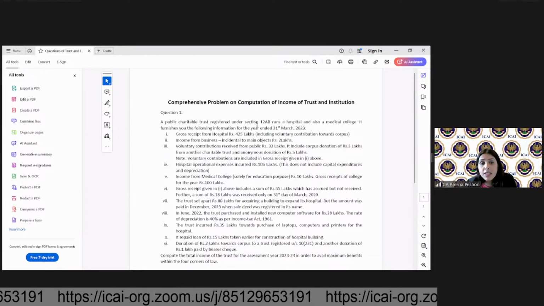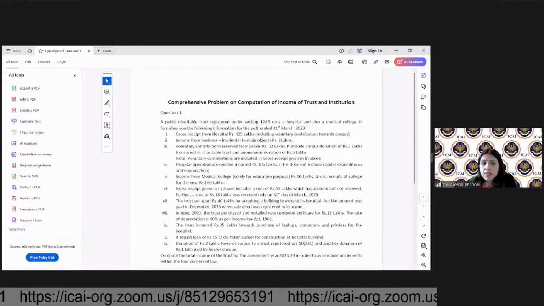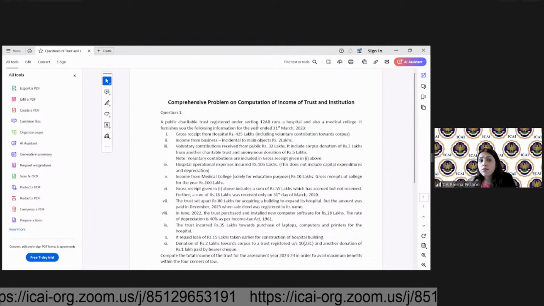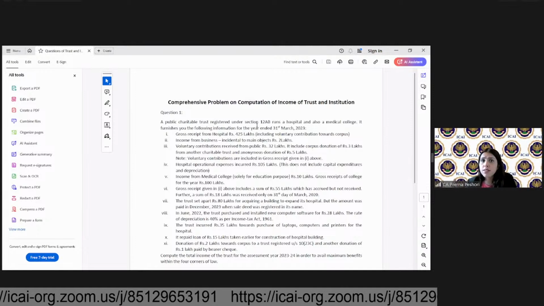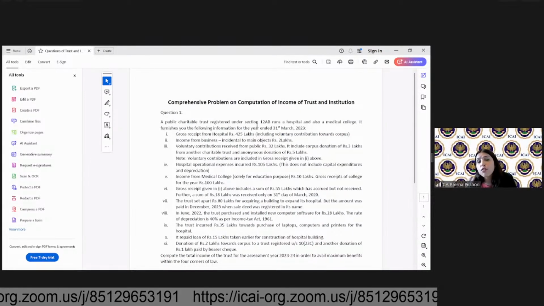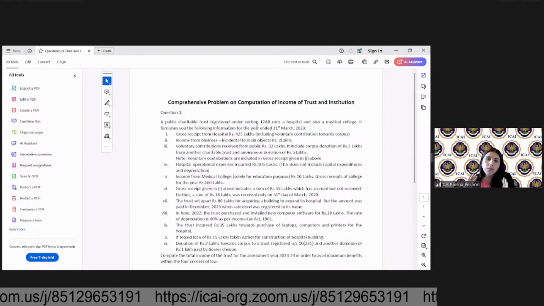In case the trust has commenced the activity but has not yet claimed the exemption under the first or the second regime, then the trust has to apply directly for the final registration at any time after the commencement of the activity.